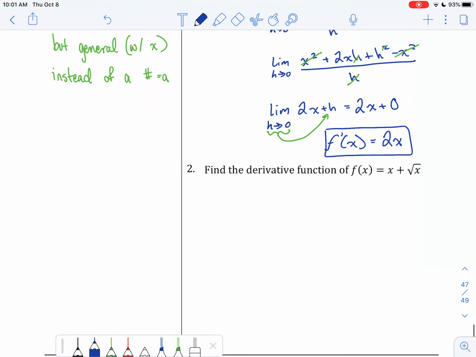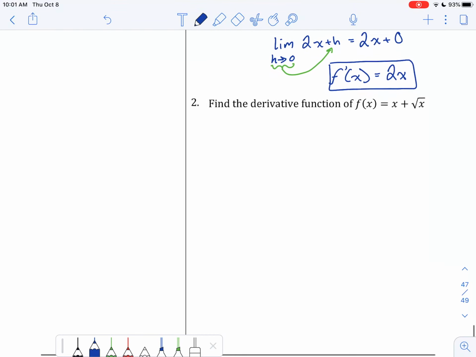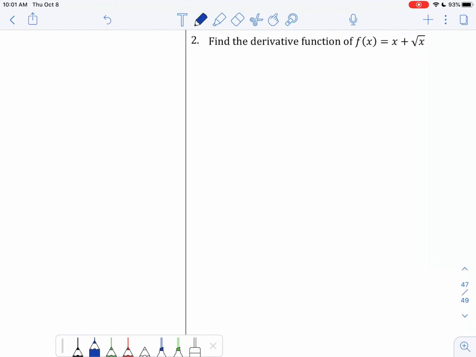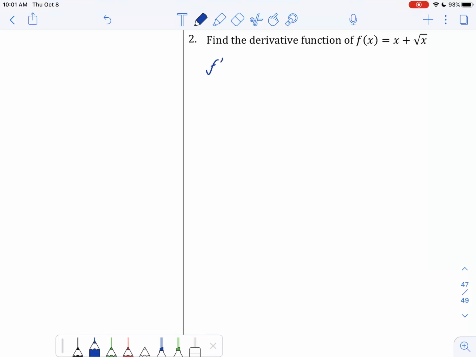Let's look at a more challenging one where we've got a root involved instead of just a polynomial. So we're going to start the same way. Find the derivative function of f of x. So we're going to start the same way of saying, okay, well, f prime, the derivative, is equal to the limit as h approaches 0 of f of x plus h.